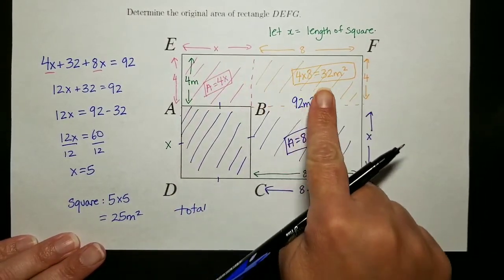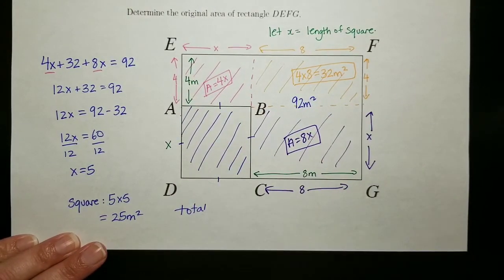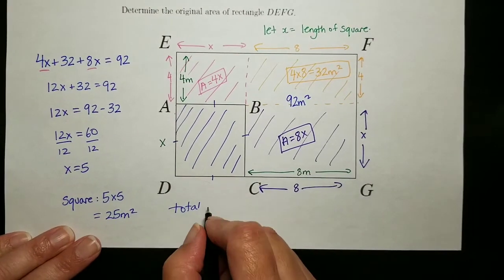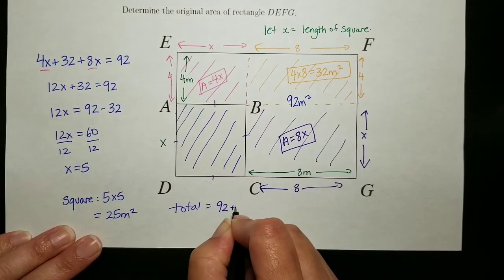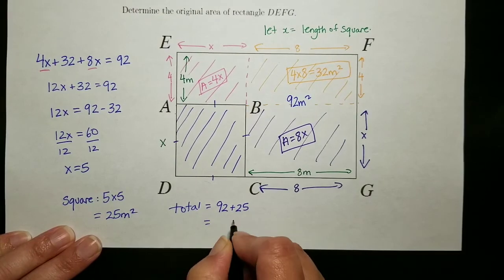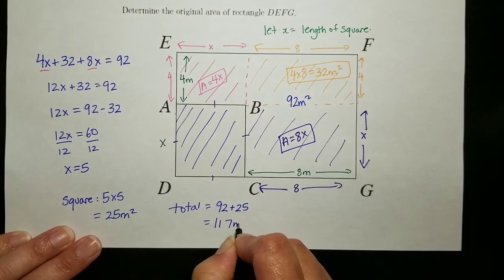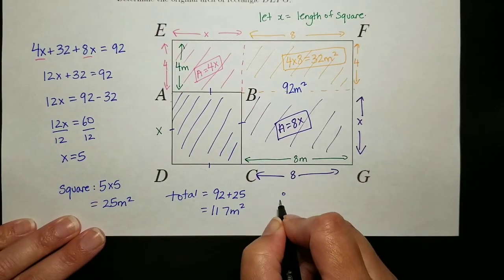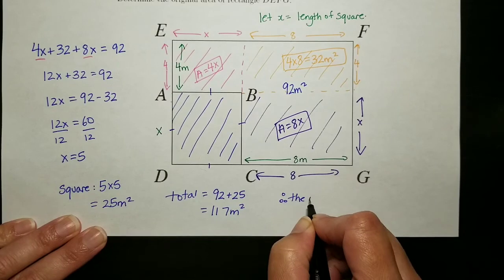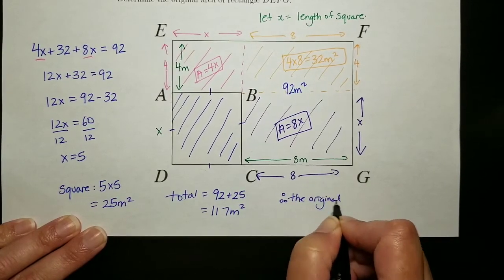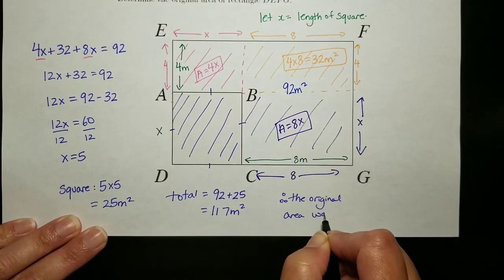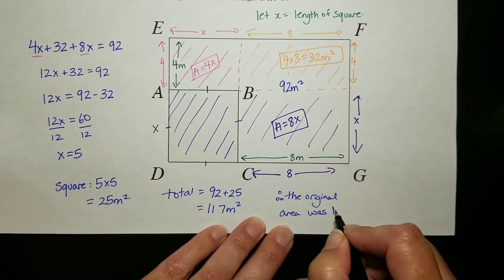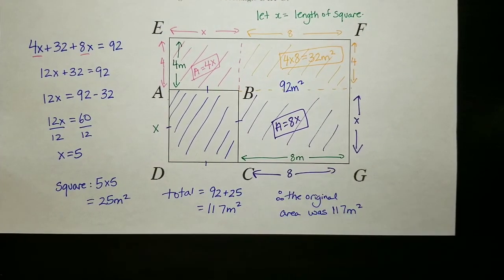So I'm going to take this 92 for what was left and add in the 5 times 5 is 25. 92 plus 25, 117 meters squared. And it is a word problem, so I have to write a statement. Therefore, the original area was 117 meters squared.